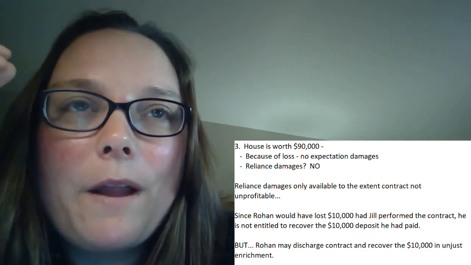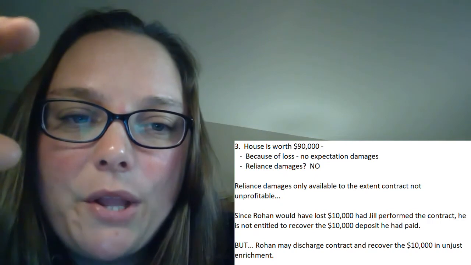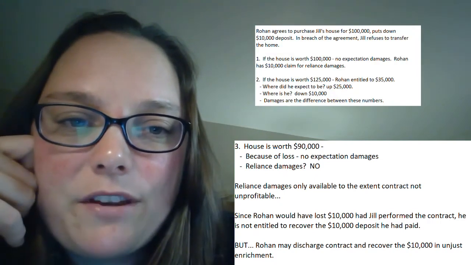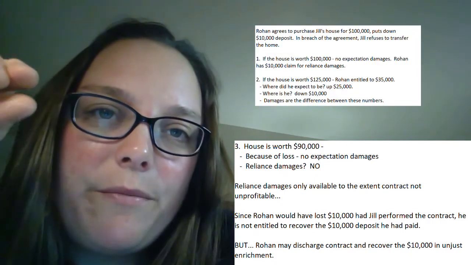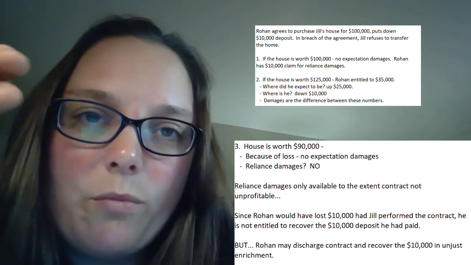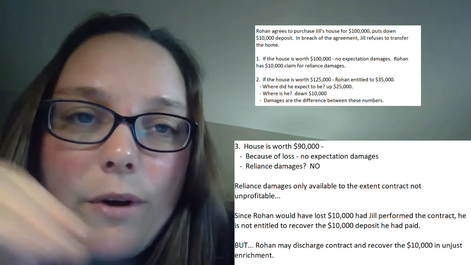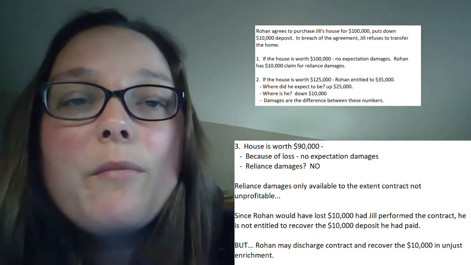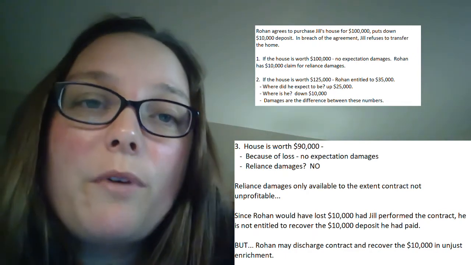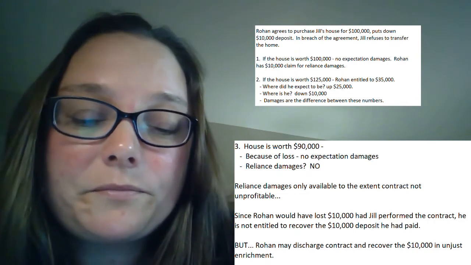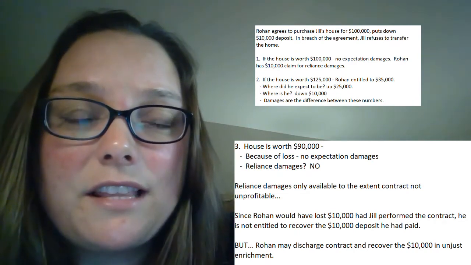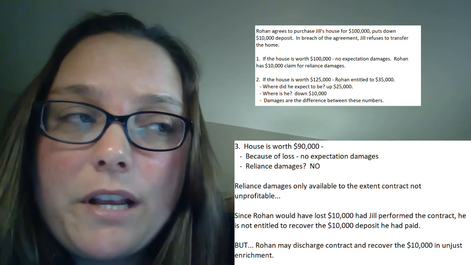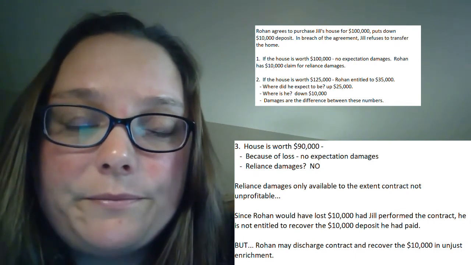And I want to compare this example with the first example that I gave you. In the first example, the market value of the home was $100,000. So there were no expectation damages because it was a market value transaction. But Rohan would be entitled to claim reliance damages in the amount of $10,000 because the contract was for market value.